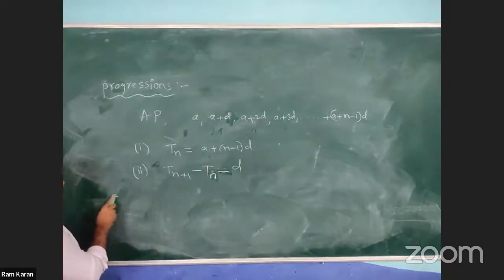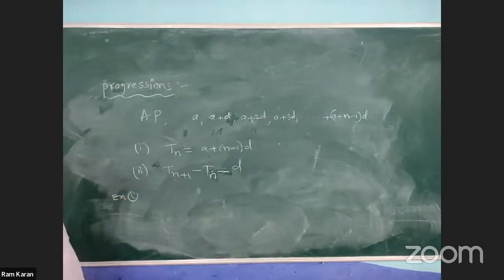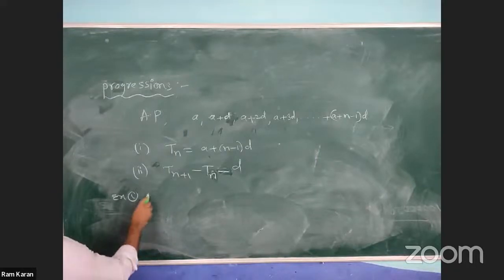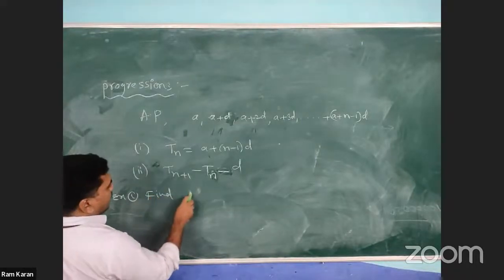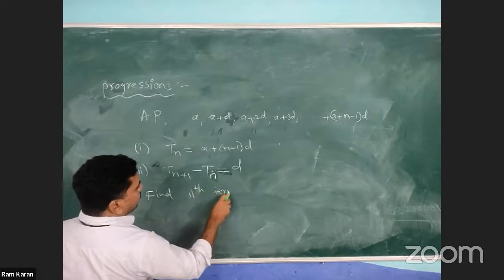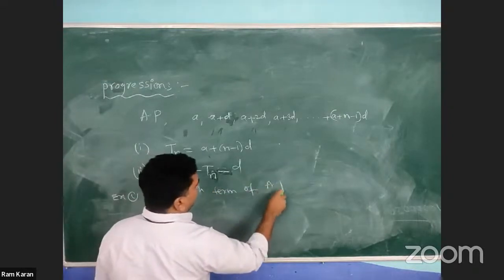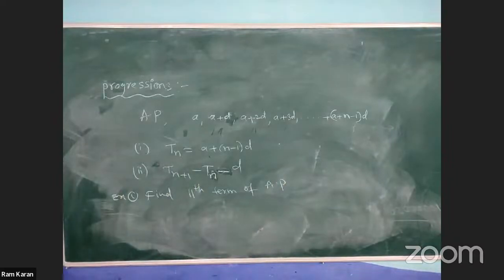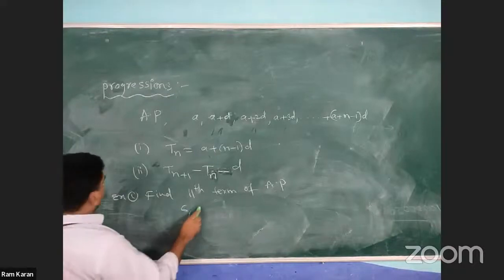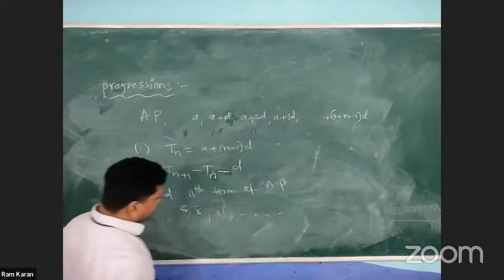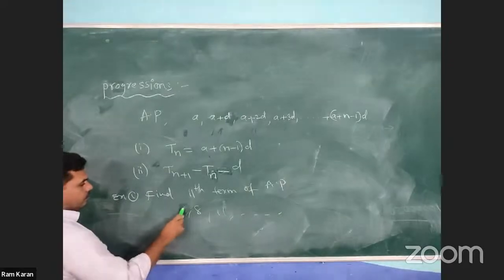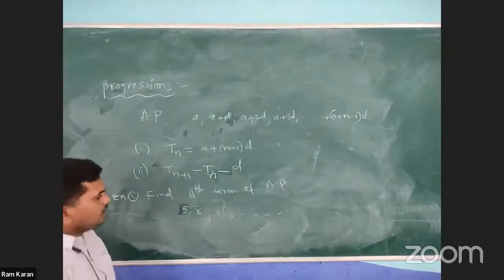First example, write it down, all of you. Example 1 on the definition of AP: find the 11th term of the AP 5, 8, 11, and so on.